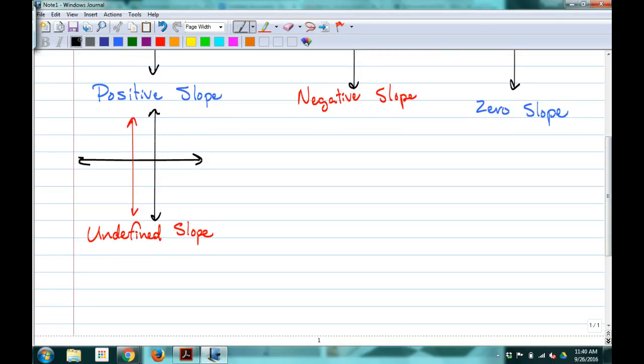Now, let's talk about the slope formula. Slope formula is going to be used when you actually want to find the actual slope of a line between two dots or two points on that. So when we talk about slope, we talk about it as rise over run, how much you go up or down versus how much you go left and right.